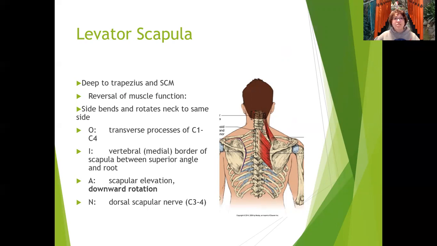Its origin is the transverse processes of C1 through C4 in the cervical spine, so upper cervical spine. Its insertion is the vertebral or medial border of the scapula between the superior angle and the root. It does scapular elevation, and it's part of the force couple for downward rotation. It gets the dorsal scapular nerve. It's on the dorsal side, it attaches to the scapula.